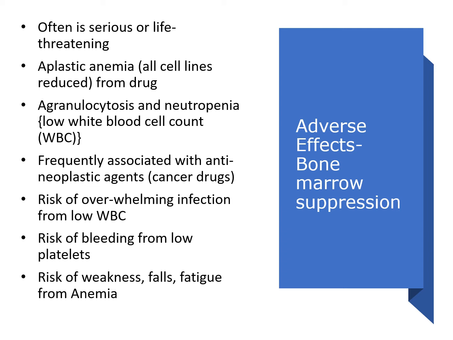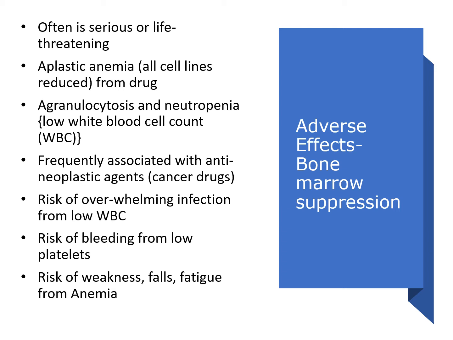So in terms of bone marrow suppression, there's many drugs that can affect the bone marrow. The biggest group are the chemotherapy agents for cancers. Chemotherapy agents stop rapidly dividing cells because that's how we want to kill the cancer. Well, where else do you have rapidly dividing cells in your body? The gastrointestinal tract. So you're going to get nausea, vomiting, and diarrhea from these drugs.